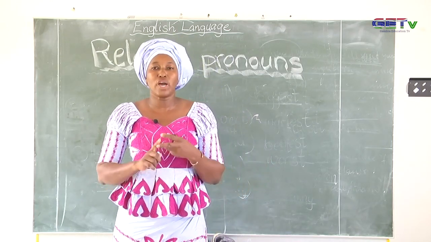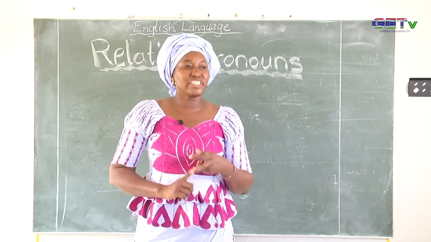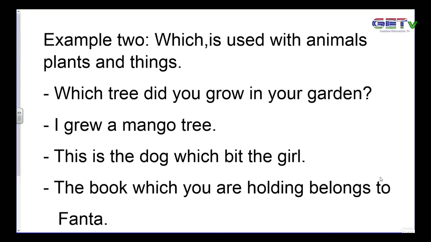Now let's move to another relative pronoun, and that is which. We use which with animals, as I said earlier on, plants and things. Let's look at examples with the use of these pronouns. Which tree did you grow in your garden?